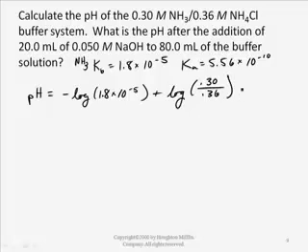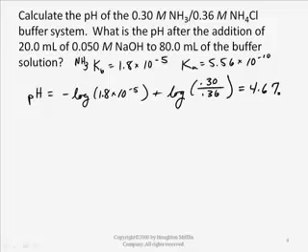So our pH, before we've done anything, is minus log 1.8 times 10 to the minus 5th plus the log of 0.3 divided by 0.36. So I get 4.67 for the pH.